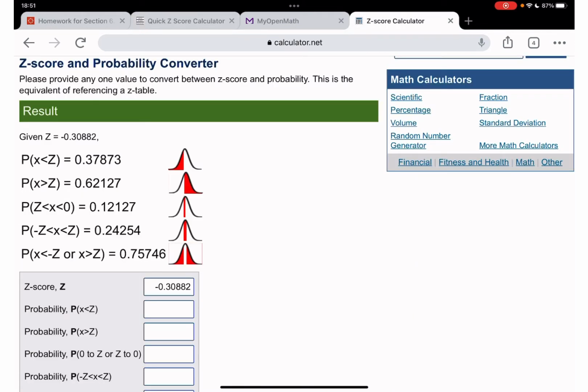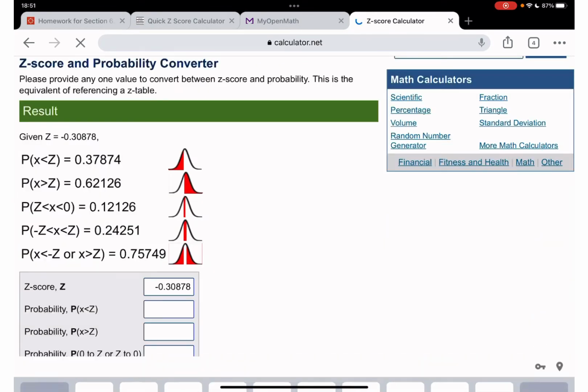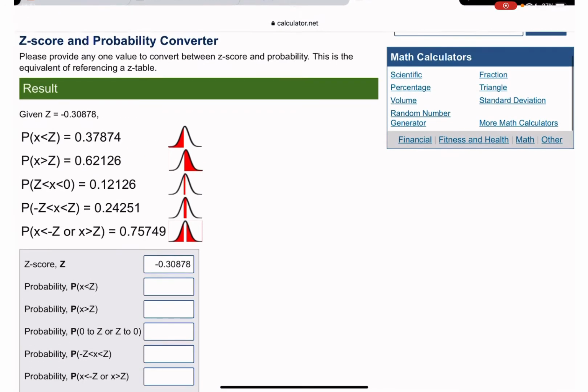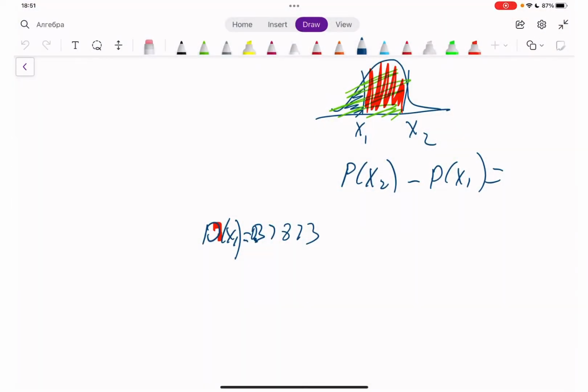Negative 308. It's gonna be 78. For 37874. Okay, this is the first one.